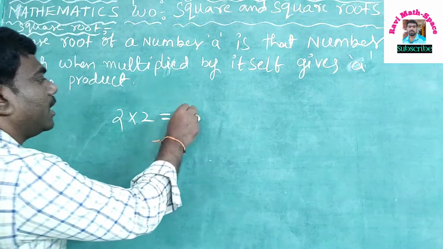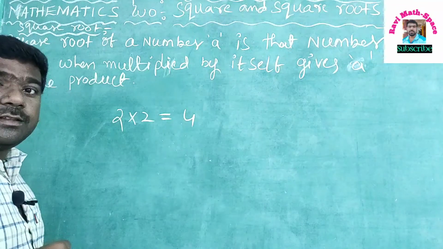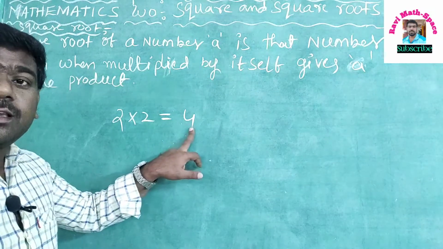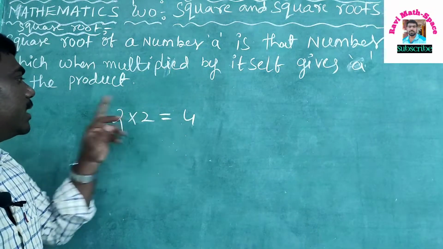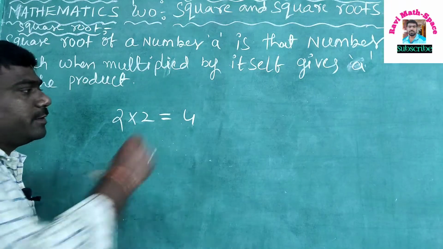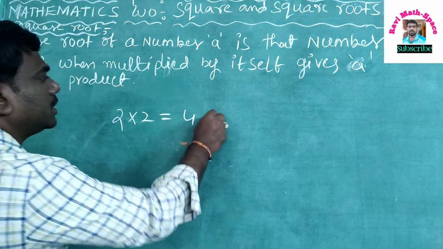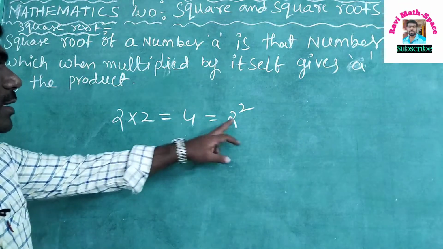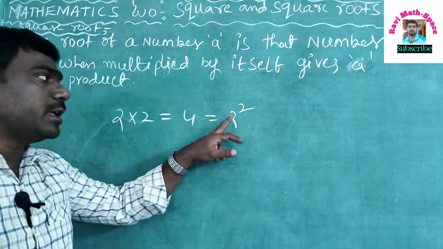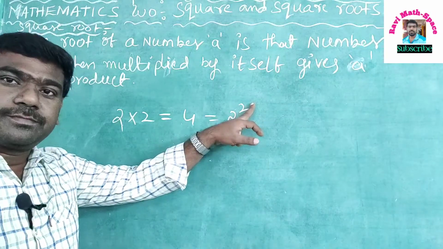That answer is called a product. This product is the square of this number. 4 is the square of this number. We can write this as 2 square, meaning 2 raised to the power of 2.